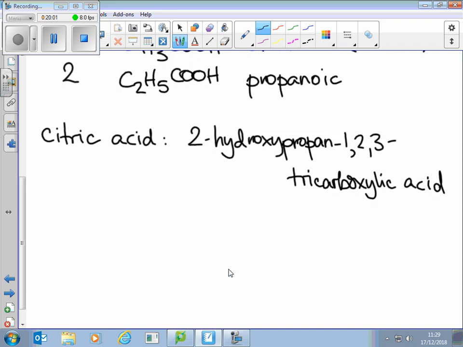What's hydroxy? It's two atoms. It's hydrogen and oxygen. Yeah, so it's an OH group, that's all. So propan is telling us how many carbons altogether? 3? Yeah, okay.